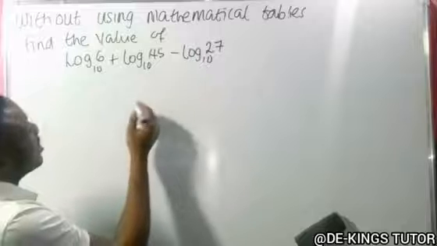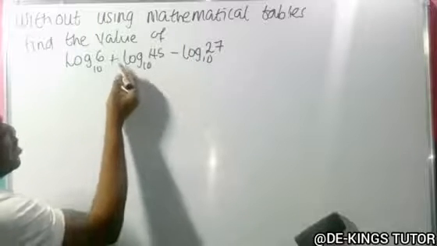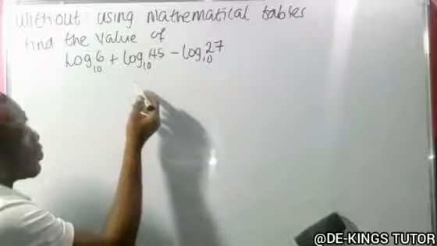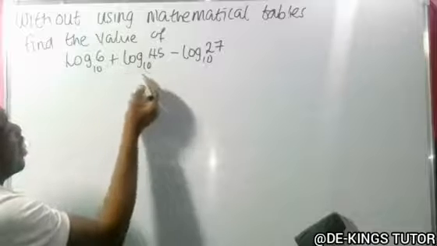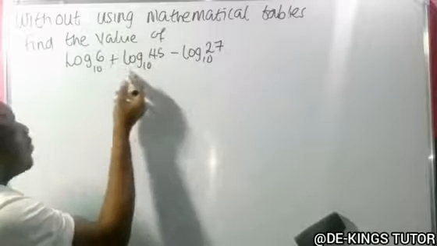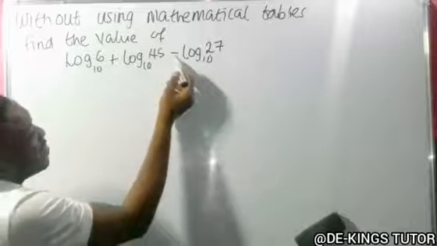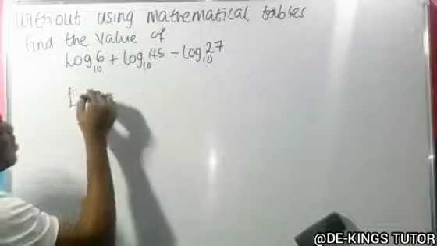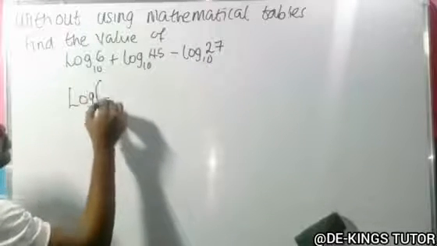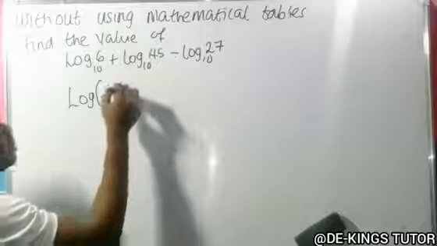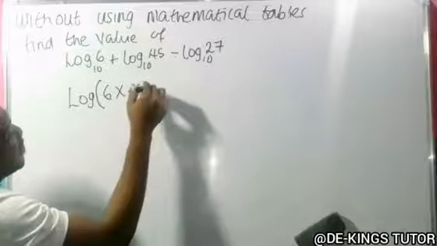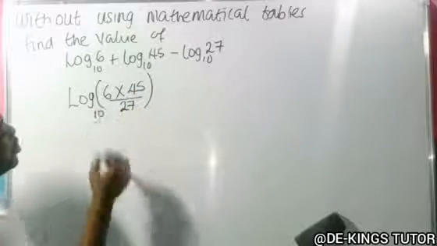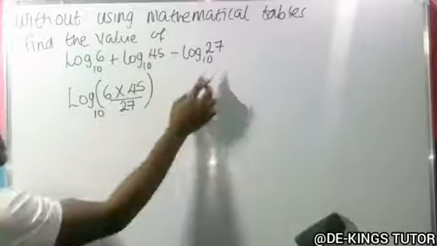Since it is addition and we have the same base, we can take one log and multiply what they have, and since it is subtraction, we can divide. So we can have something like this: log of 6 times 45 divided by 27, all to base 10, since they are all to base 10.